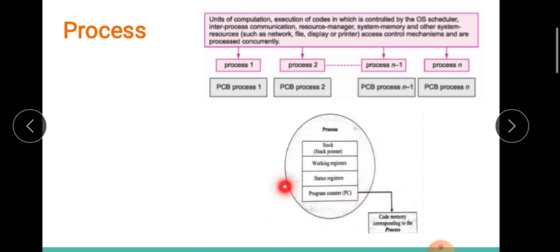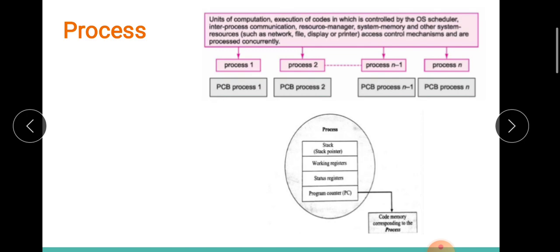So a process structure is basically this: the program counter to point to the next instruction, the status register to show the status or the condition of the process, the working registers to store variables or data, and the stack, with a similar duty. Only thing is the stack stores the local variables.